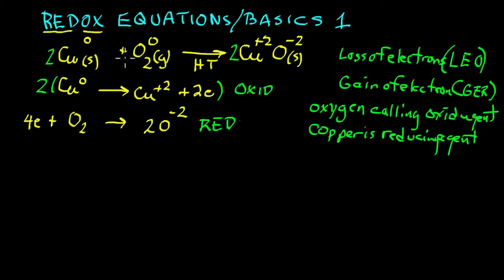Now, this substance went from the orange color, and we'll brush this in here, see if we can get you to remember. It started off orange and it ended up black, copper oxide.